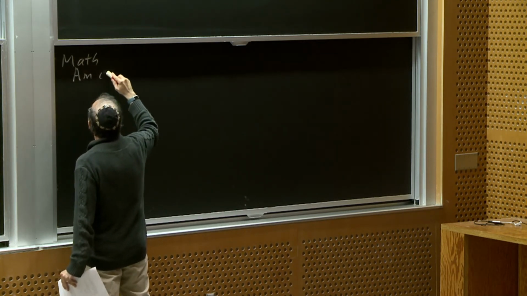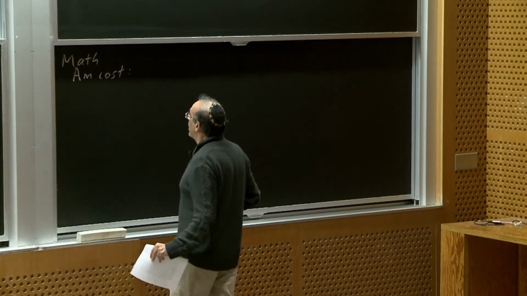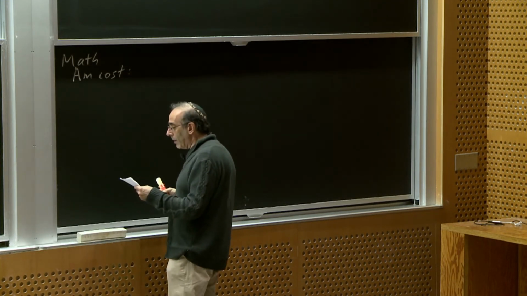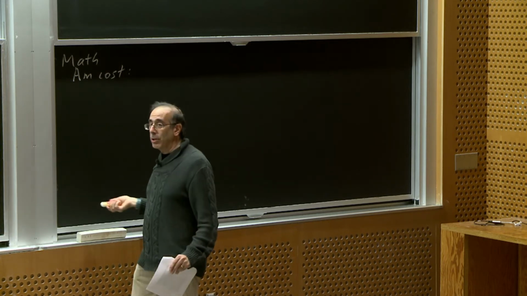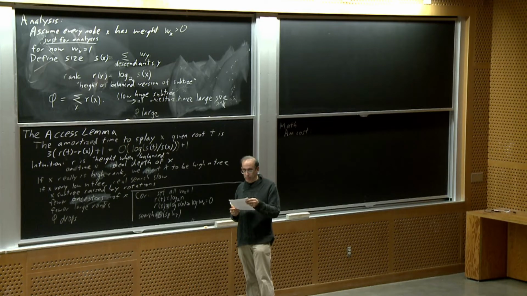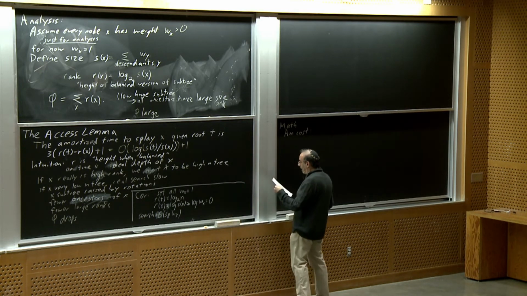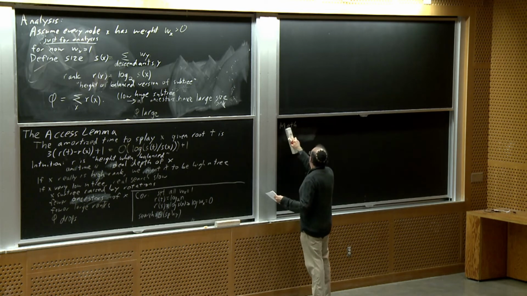So let's look at the amortized cost. So that's the real cost plus the, wait, what is that saying? Oh yes, the claimed amortized cost. We haven't proven it yet.